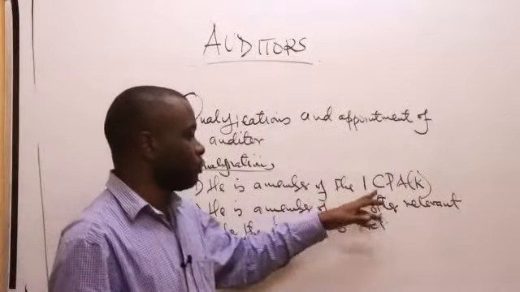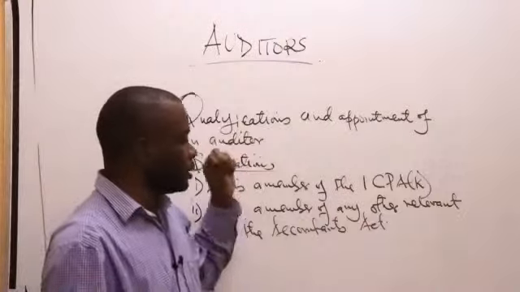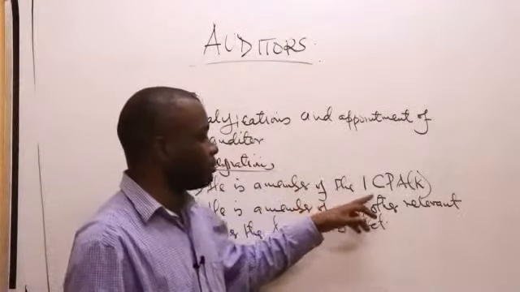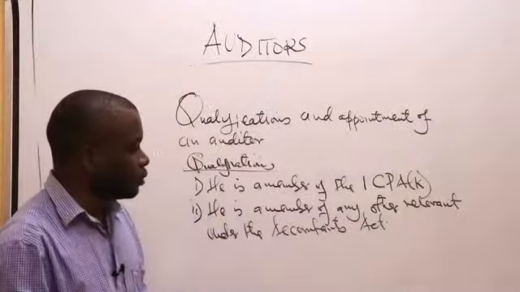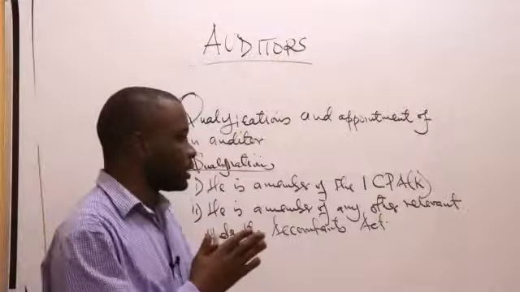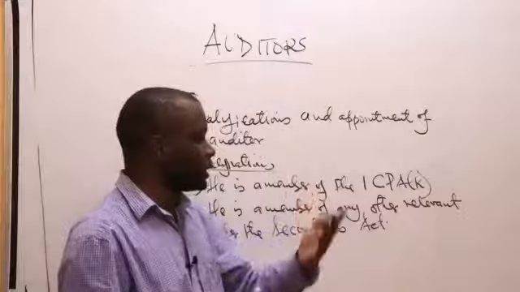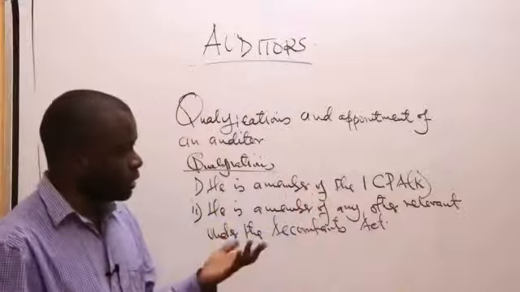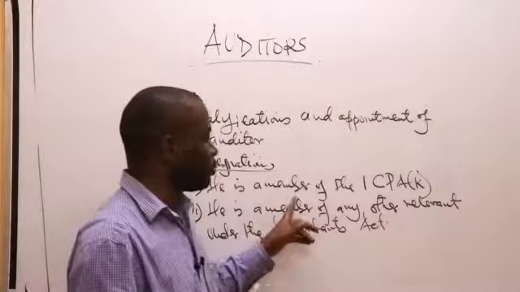If it is your firm, for it to be recognized as an auditing firm, it must be approved by ICPAK to provide auditing services. So for you as one of the members, staff, or managing directors there, you've been approved by ICPAK to provide auditing services.